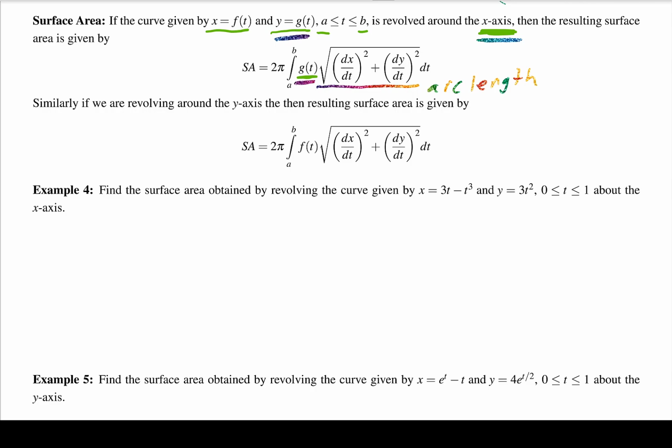Okay? And so we'll do that integral from a to b. We have to multiply by that function and then multiply by 2 pi after that. Similarly, if we're revolving around the y-axis, then we need to multiply by the x function. Okay, so let me show you how this will work out.